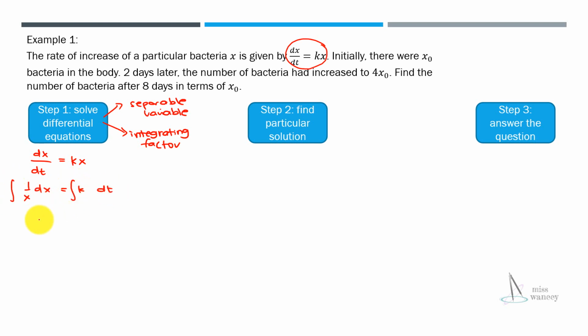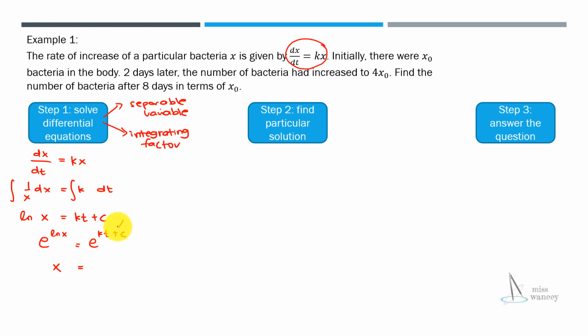Integrate both sides independently. Integrate 1 over x is ln of x. Integrate k, so this is kt plus c. To make x our subject, we have to apply exponential on both sides. So e to the ln x is equal to e to the kt plus c. I see e together with ln, so I can simplify them to become x.